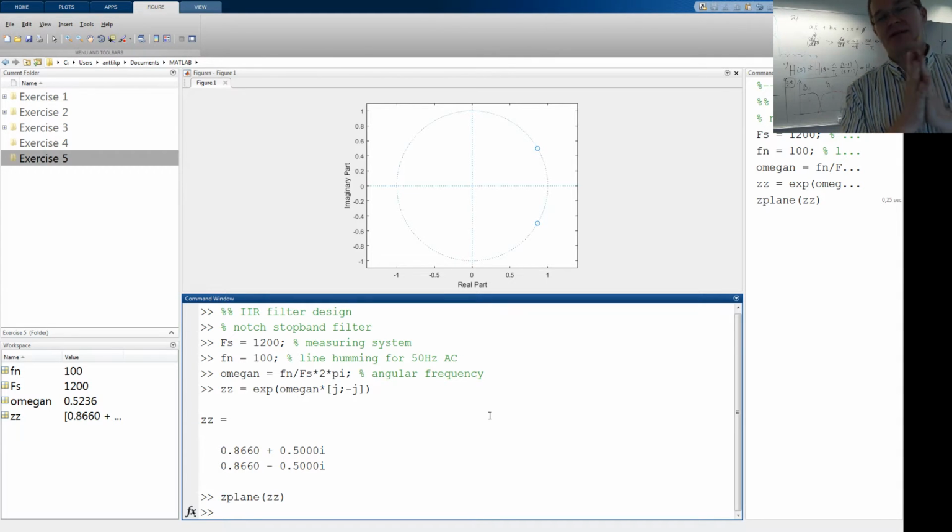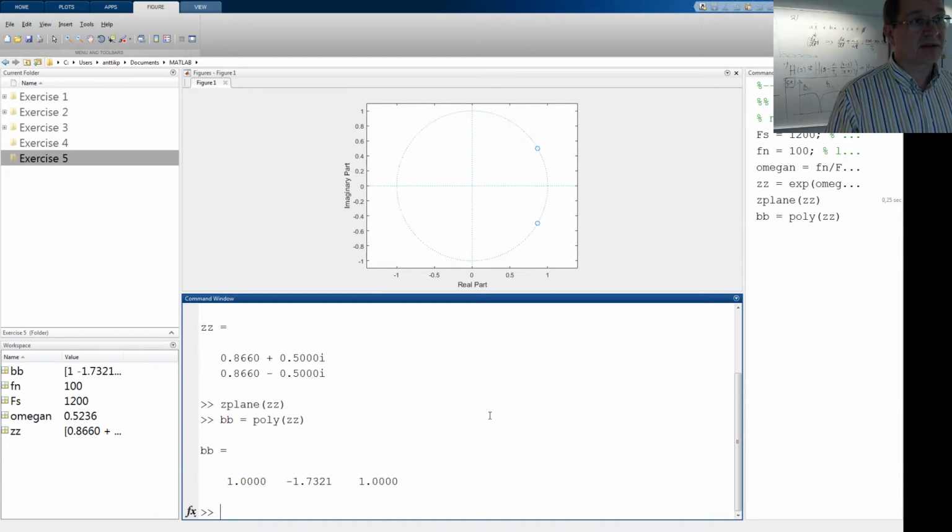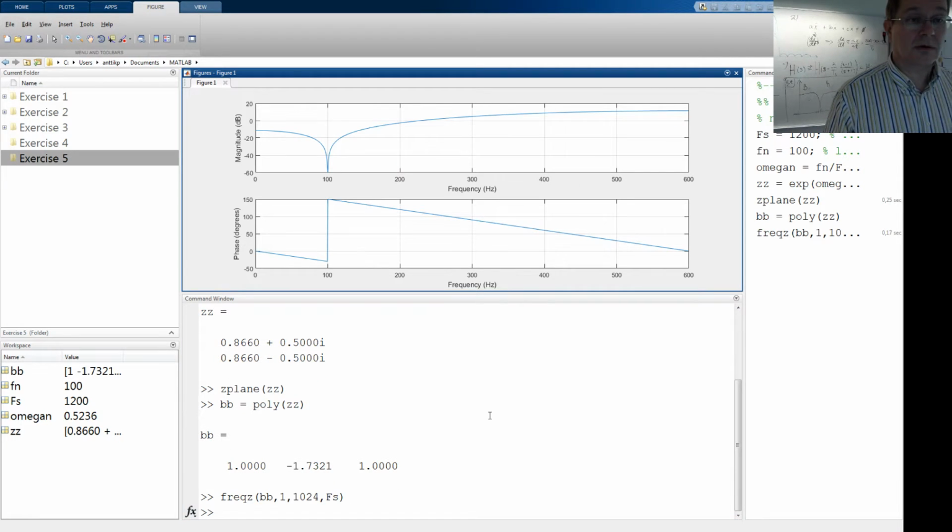Okay, so now we have the zeros at the right place, and let's take a quick look at the system parameters. System coefficients for this one would be the polynomial defined by these zeros. So these are the system coefficients. And now we can also calculate the frequency response of this one, just to make sure that we have everything at the correct place.